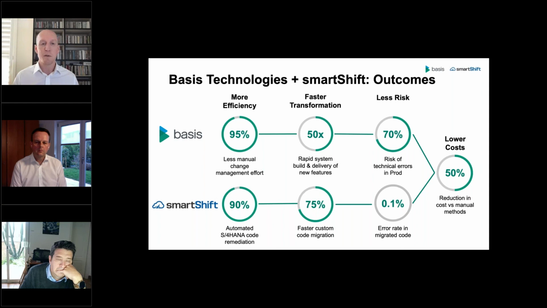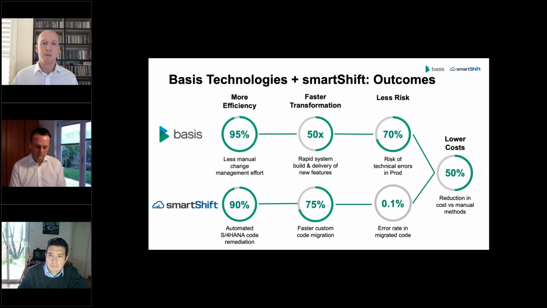And of course, all of these things around reducing the amount of time, resources, cost and risk of remediation help us to bring down the cost of the overall S/4HANA project. And these areas can have a significant impact in terms of a net positive.